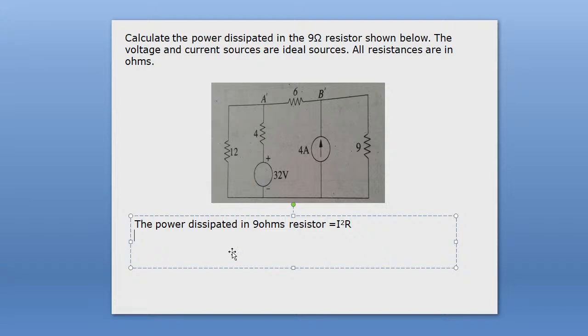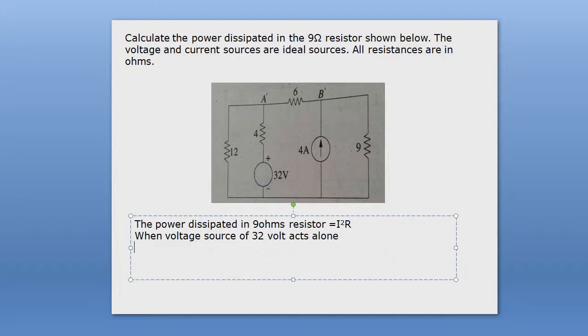So for the circuit, you just write: when voltage source of 32 volt acts alone, in that case we can write the equivalent resistance.